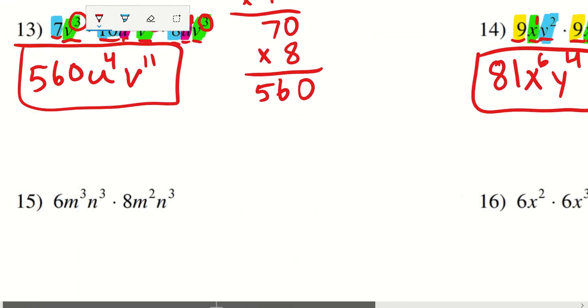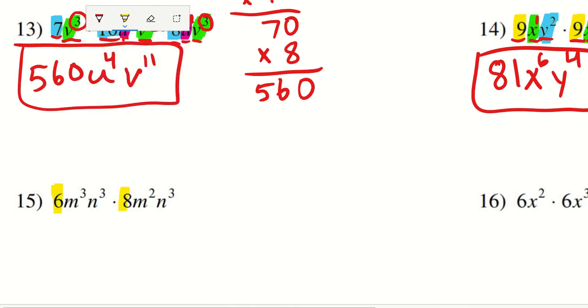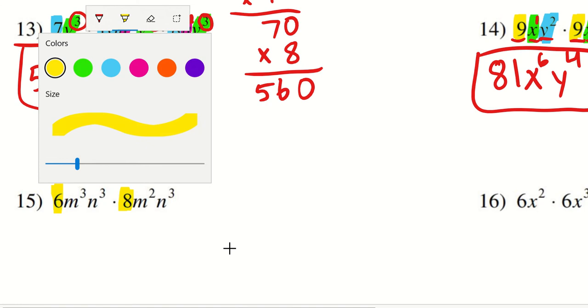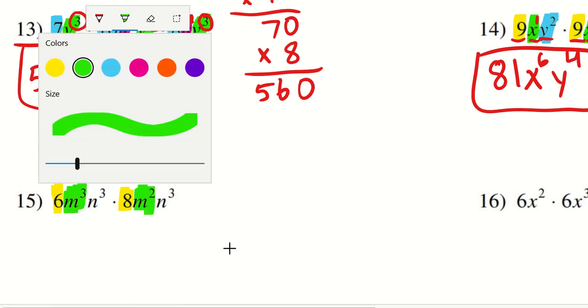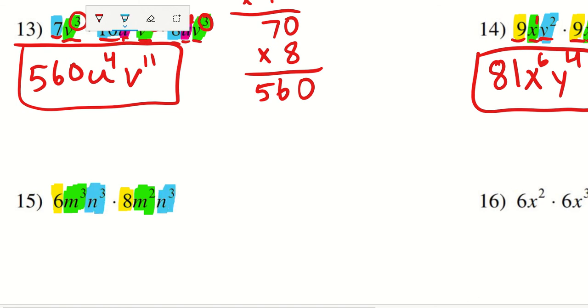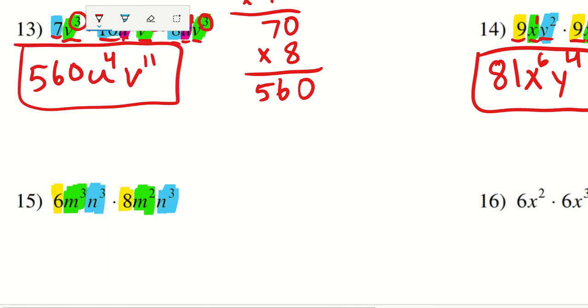We have 2 more examples, and we should be done. Let's take a look at this one. Let me see what I can multiply. Remember that you multiply the numbers with the numbers and the letters with the letters. I'm going to multiply the m with the m, and I'm going to multiply the n with the n. 6 times 8, that's going to be 48.